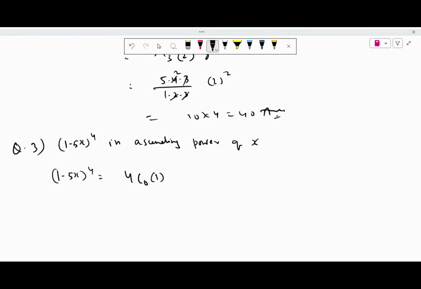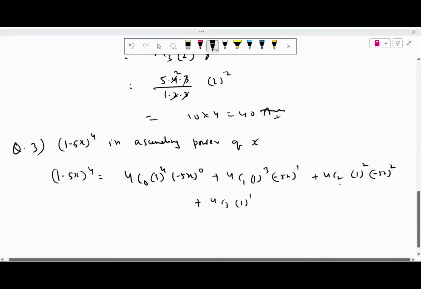One to any power becomes one only. We get 1, and negative 5x to the power 0, plus 4C1 1 to the power 3 times minus 5x to the power 1, 4C2 1 to the power 2 times minus 5x to the power 2, plus 4C3 1 to the power 1 times minus 5x to the power 3, and 4C4 1 to the power 0 times minus 5x to the power 4.